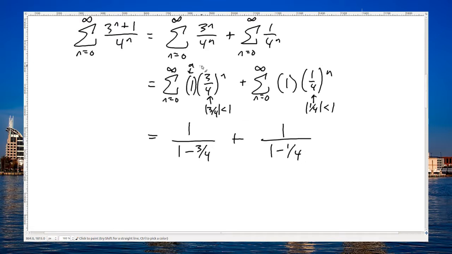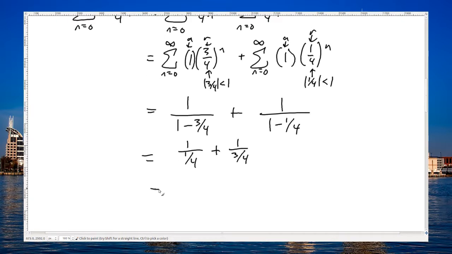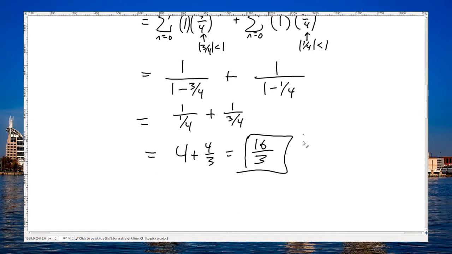Remember that this would be my a, that would be my r, this would be my a in this problem, and that would be my r in this problem. So what I end up with is 1 over 1/4 plus 1 over 3/4. 4 plus 4/3, that gets us, what does that add up to? That'd be 16/3. And that's the value of the series.